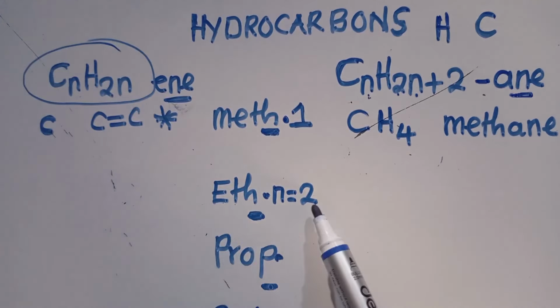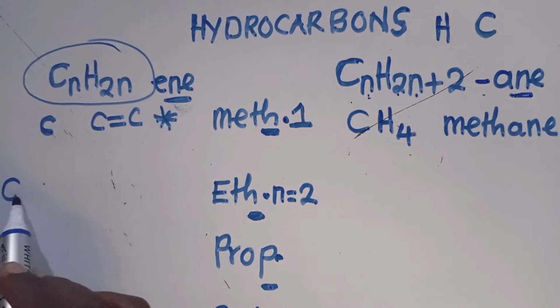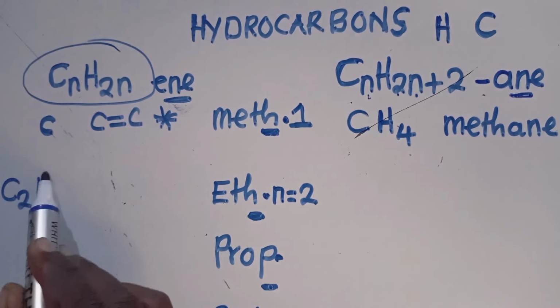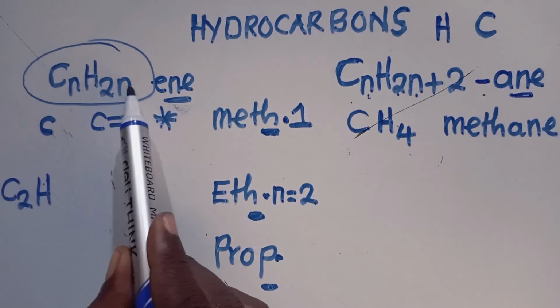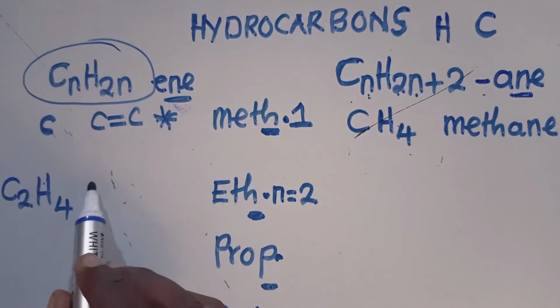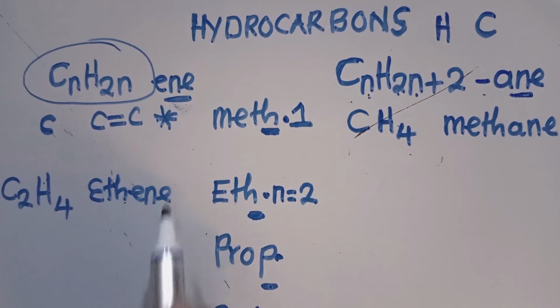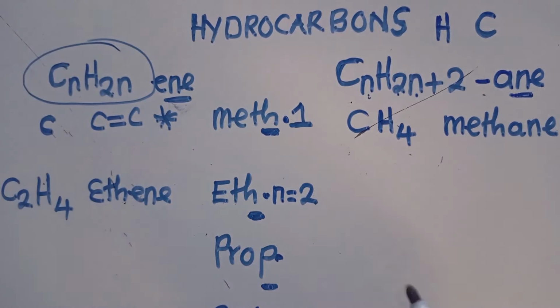So n is 2, and I say C2H, 2 times 2, I get a 4. So the name starts with this, I just put -ene. So it is eth, then I put -ene, it becomes ethene. This is what you are supposed to know and understand.